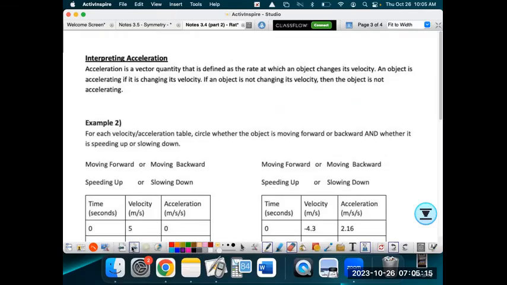So basically at this point, it goes from position to velocity to acceleration. Velocity is the derivative of position. Acceleration is the derivative of velocity, which means it's the second derivative of position.